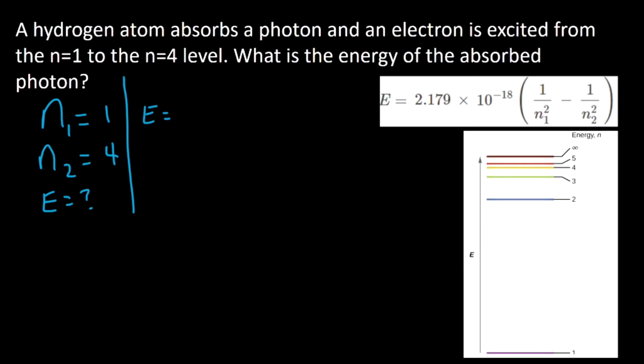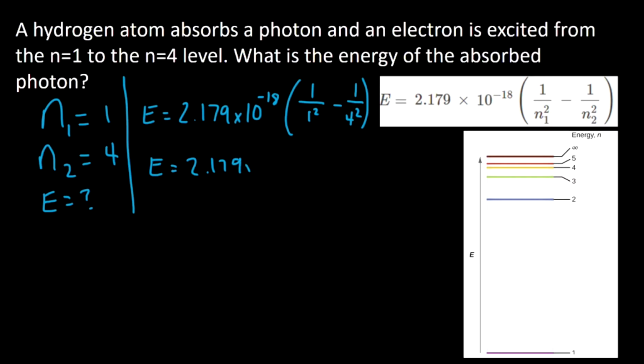Energy equals 2.179 times 10 to the minus 18th. And then we do 1 over our starting n squared, which is 1 squared, minus, I'm sorry, not 16 yet. We'll get 16 in just a second, minus our final n, 4 squared. And now when we simplify this, we'll still get our 2.179 times 10 to the minus 18th.